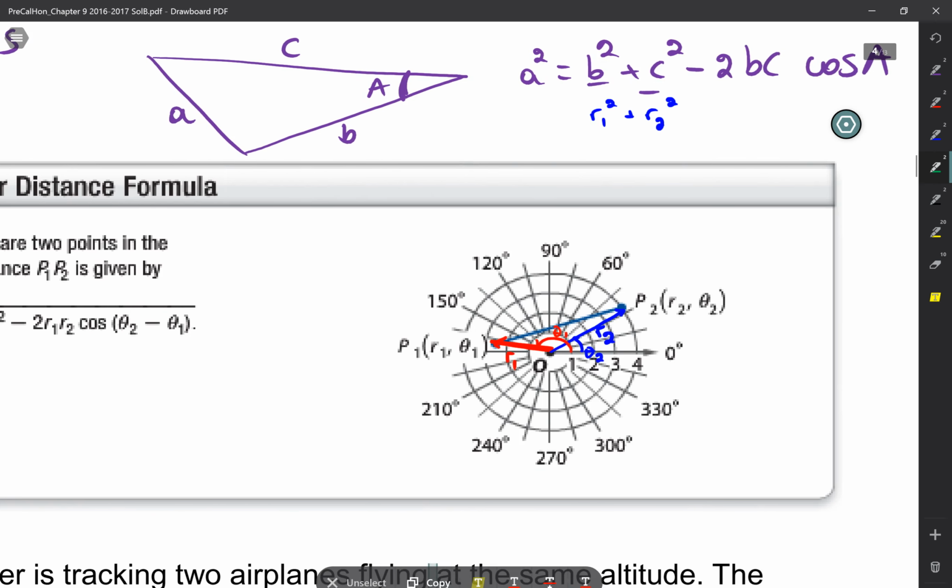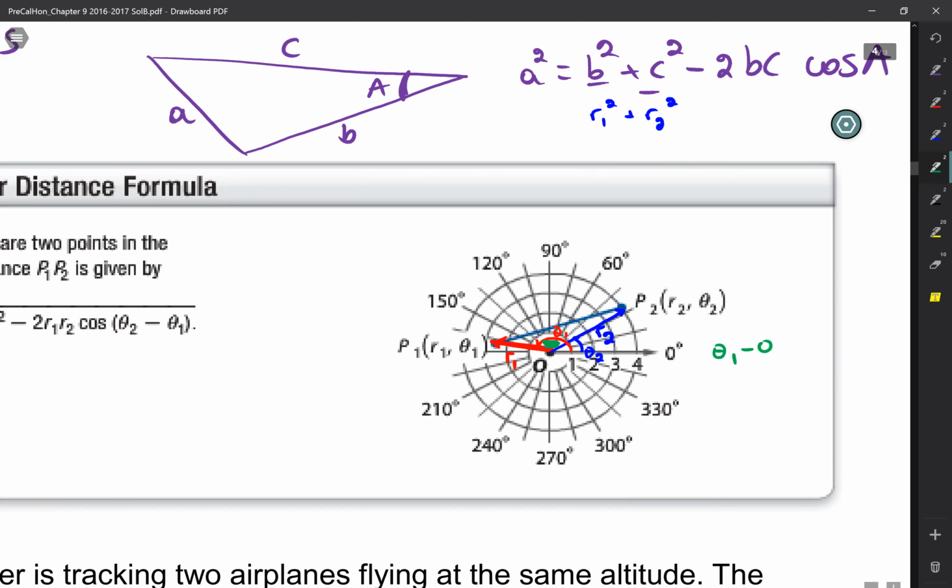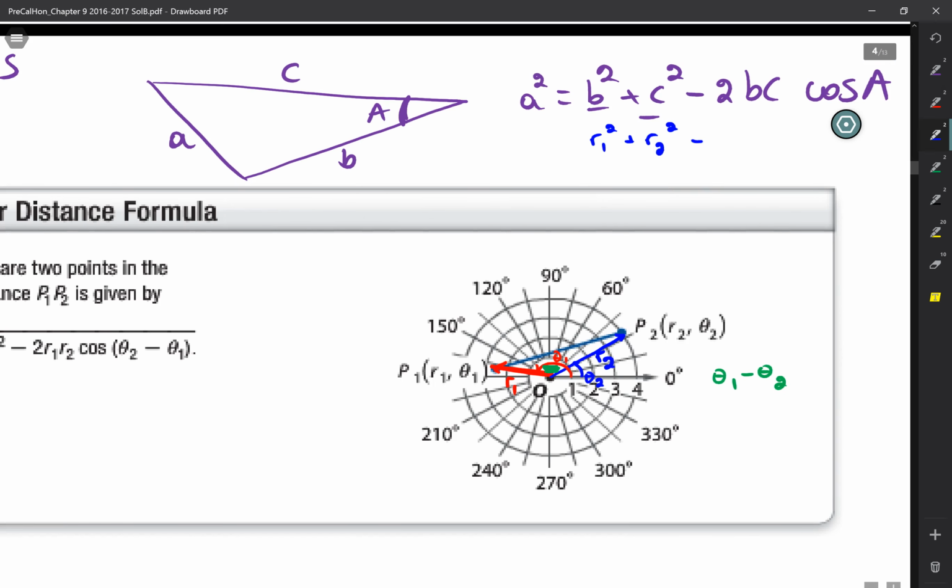Well, what's the angle between R1 and R2? Theta 1 plus theta 2. Is it plus? Oh, no, that angle is theta 1 minus theta 2. So if I were to continue this formula, it would be minus 2R1 R2 cosine of what? Theta 1 minus theta 2.